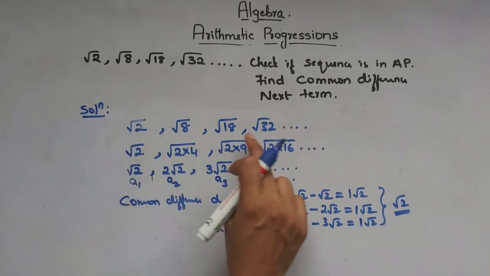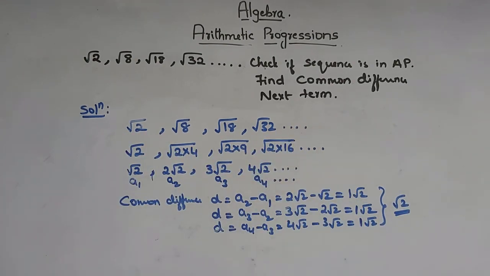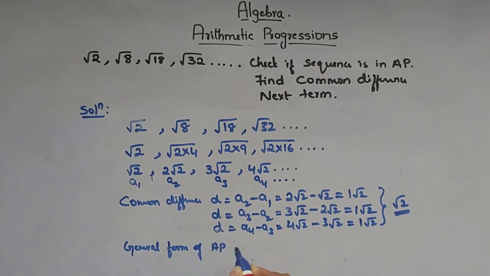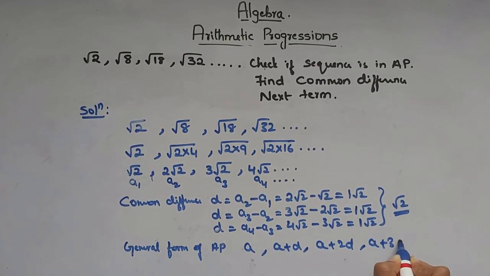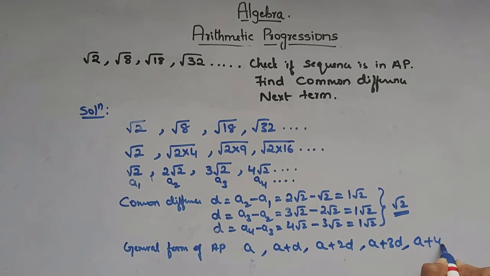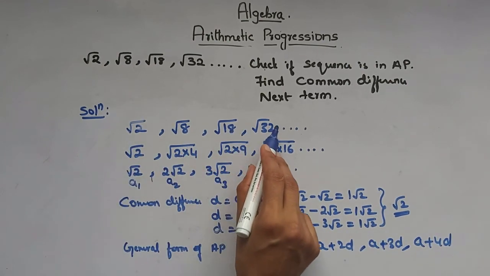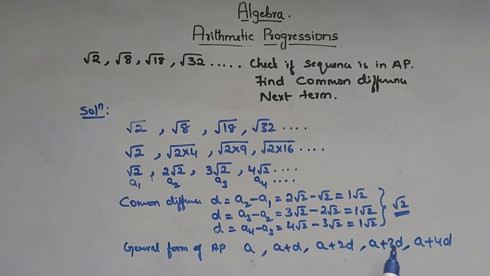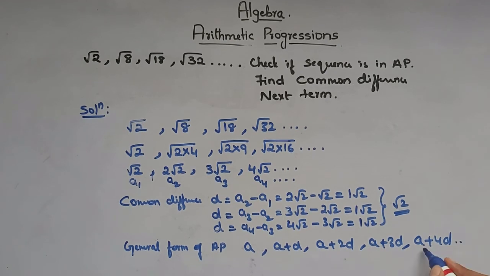Therefore, this sequence of numbers is in AP. Now we have to find the next term. So here the general form of AP is a, a plus d, a plus 2d, a plus 3d, a plus 4d. Here we want the fifth term. So 1, 2, 3, 4, 5, right? a plus 4d.